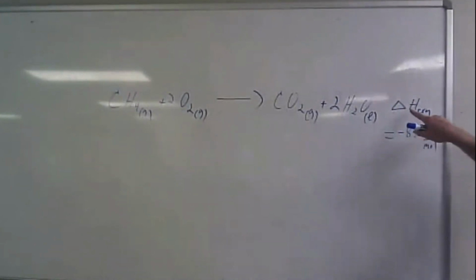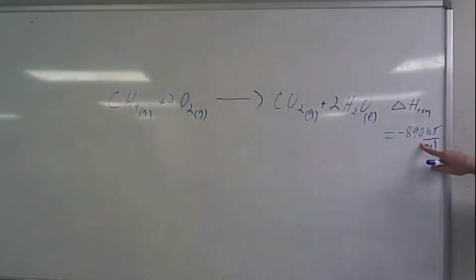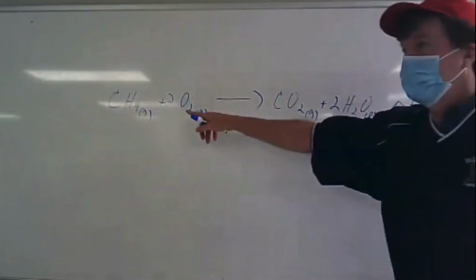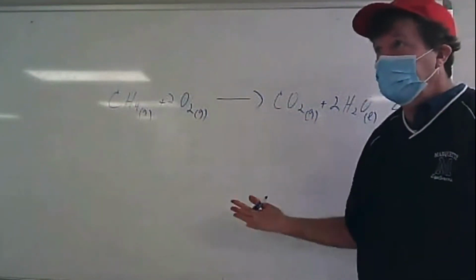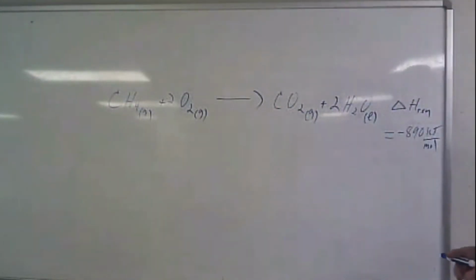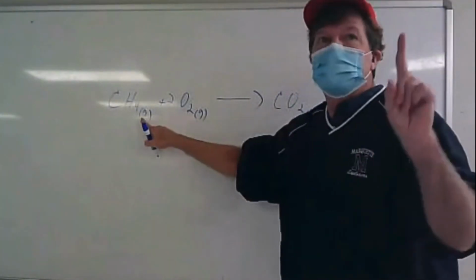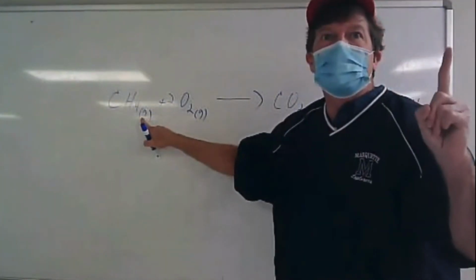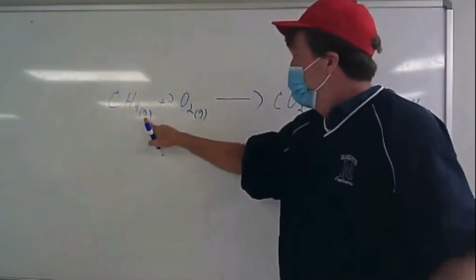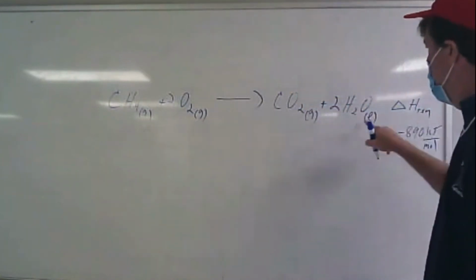First of all, the enthalpy change, that's one of the things that makes this a thermochemical equation. So it looks just the same as a normal reaction that we've done. But now we've got the enthalpy change. In all thermochemical equations, it's essential that you indicate solid, liquid, or gas. So this is a gas, gas, gas, and that's a liquid.